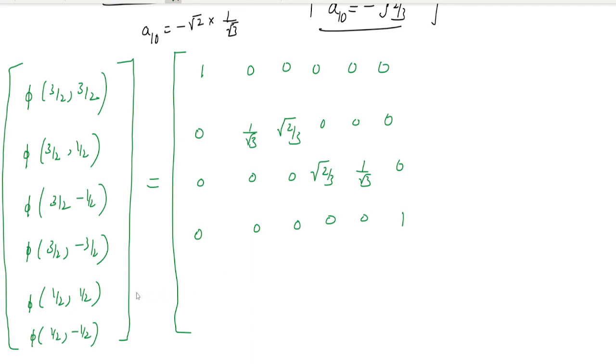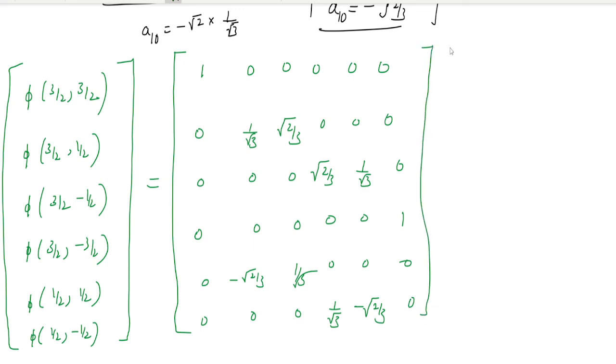So here this one 0 minus root 2 divided by 3, 1 divided by root 3, 0 0 0. This one 0 0 0 1 divided by root 3 minus root 2 divided by 3 0.